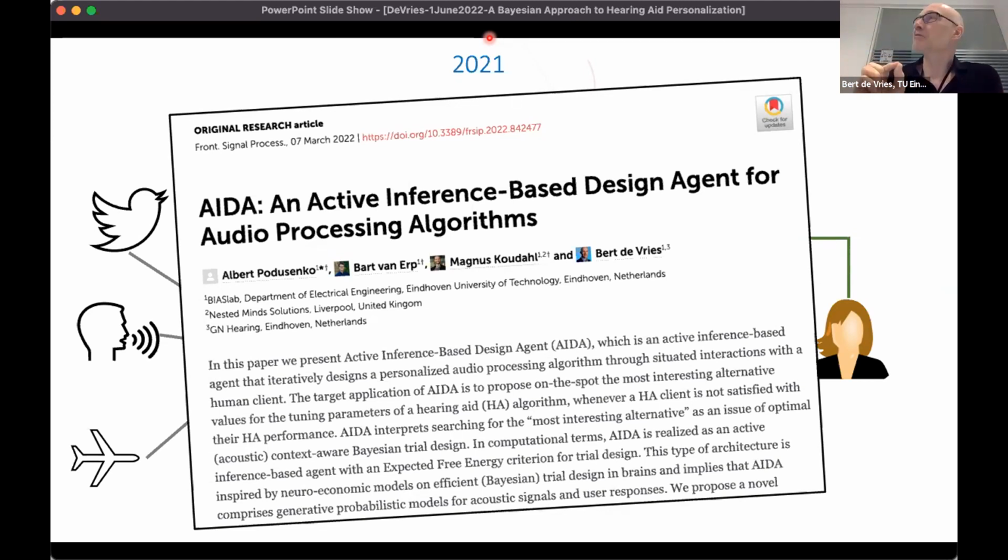The only thing I can guarantee is that the response of the agent is optimal because it's based on Bayesian probability theory, which we can prove is the optimal way of processing uncertainties or doing information processing. So I can guarantee that we do basically optimal experimental design here in a loop.